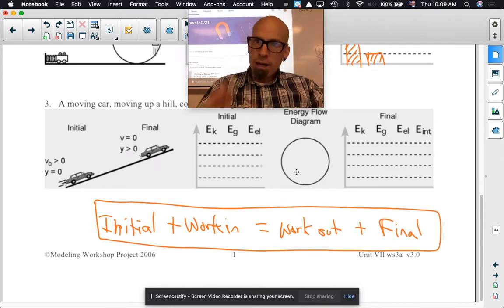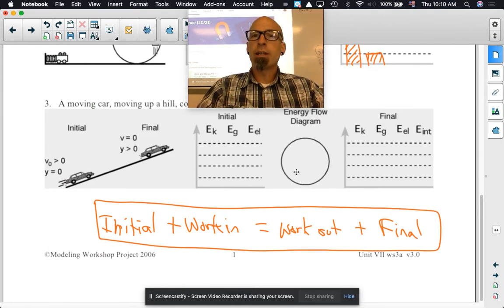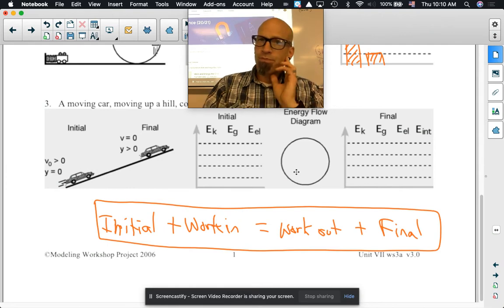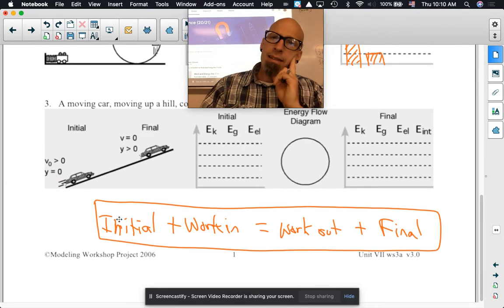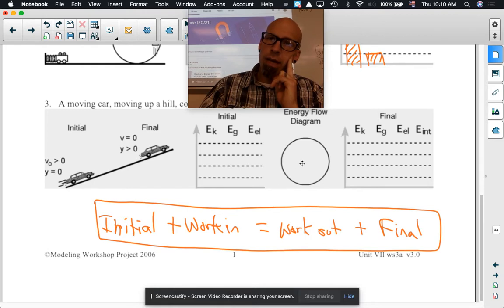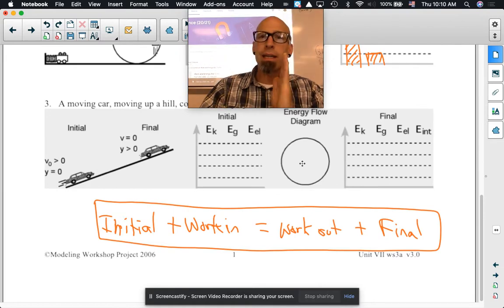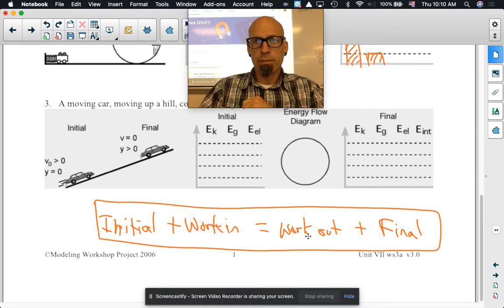Here's what you need to remember for the energy bar chart. Everything we have initial, all of the initial stuff, plus what goes in to the energy flow diagram in work has to be equal to everything we have final, everything we have over here at the end, plus what comes out in work.